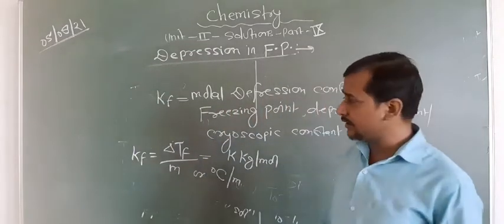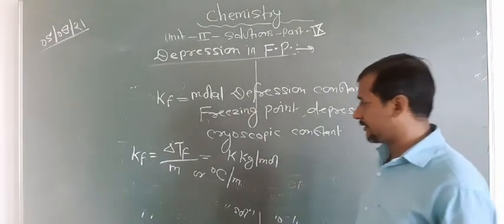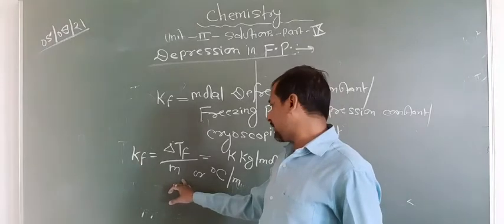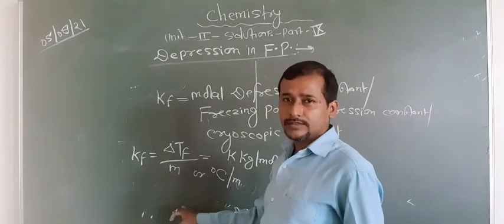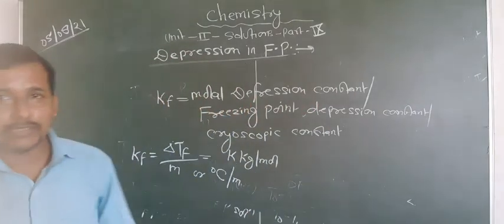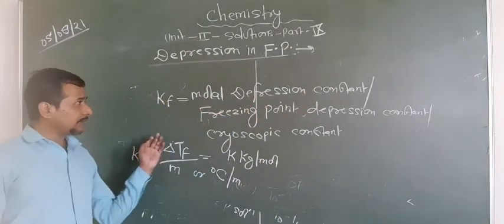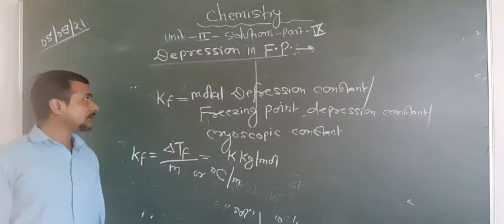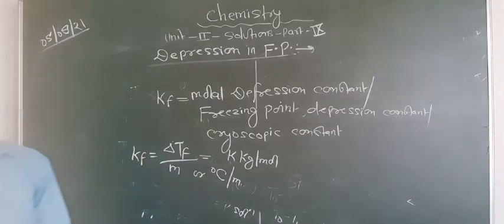Second thing, the definition of KF. How can we define KF? Again the same thing: if molality is equal to 1, then the depression in freezing point is equal to the molal depression constant. Are you getting this point or not? So these are all the things about KF and delta TF.